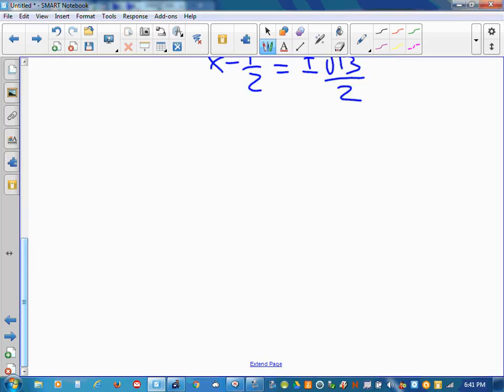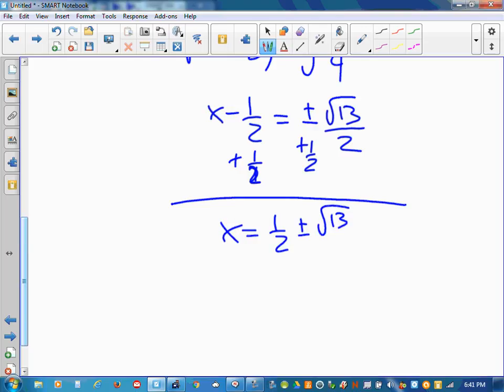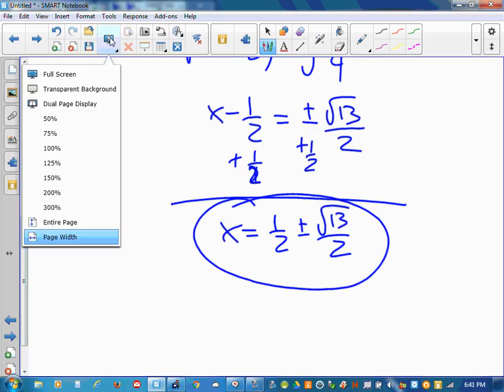Then I can add over the 1/2 to each side of the equation, because ultimately you're trying to get x by itself. So you get x equals 1/2 plus or minus the square root of 13 over 2.